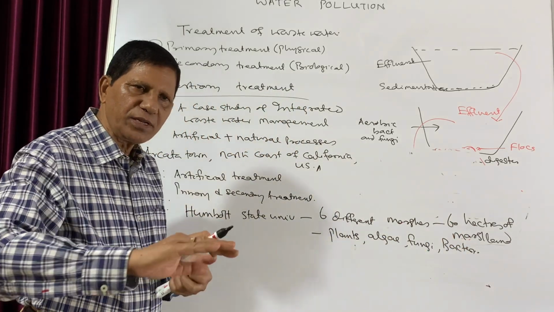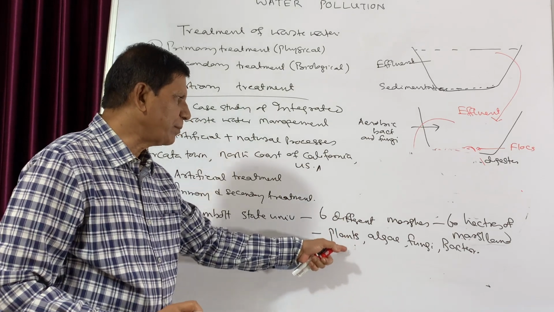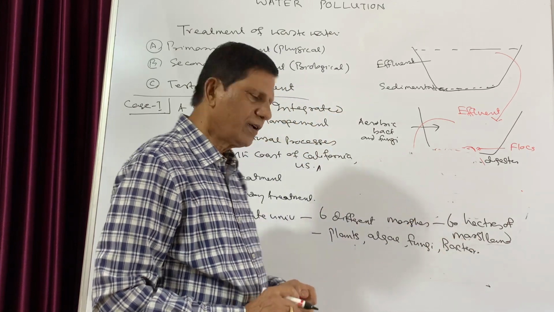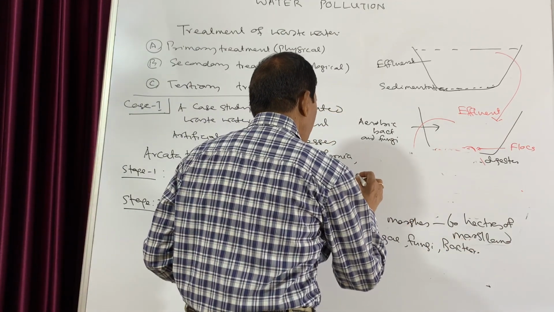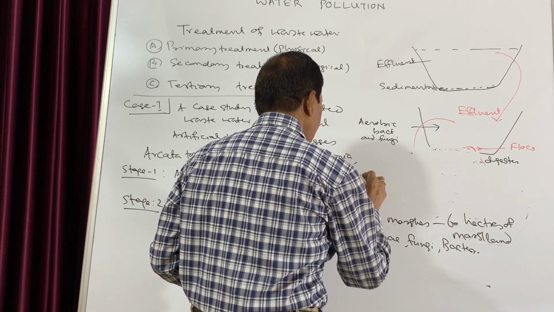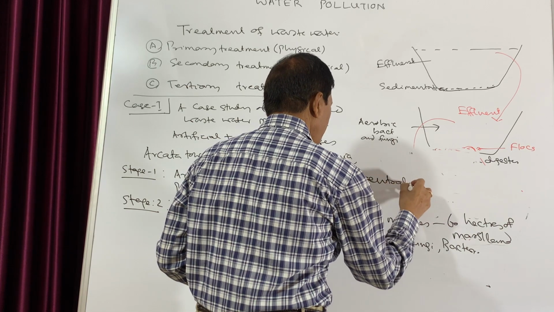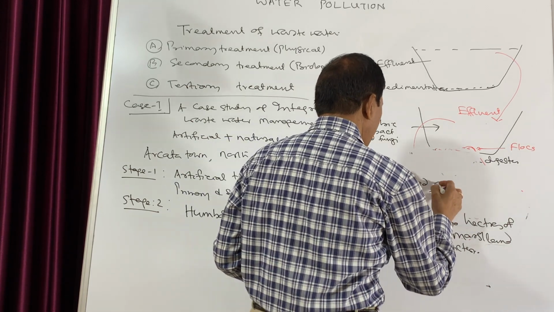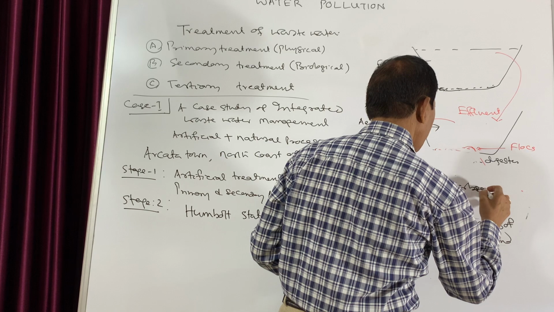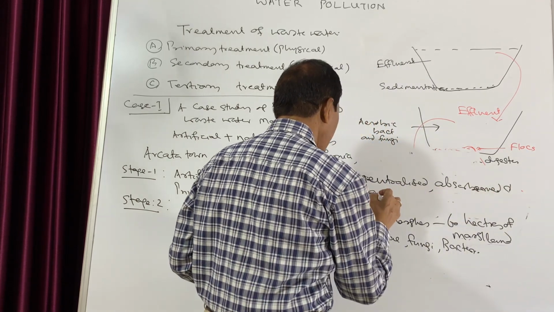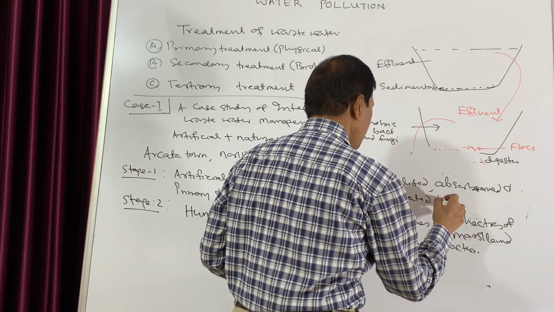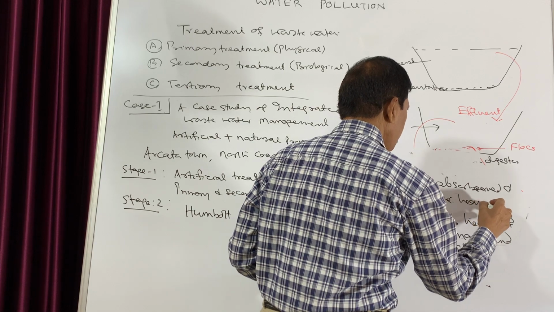While passing through them, these plants present in the 6 different masses covering 60 hectares of marshland utilized, or you can say neutralized, absorbed and assimilated the heavy metals.